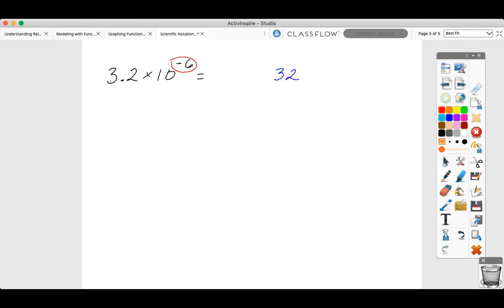Now, our decimal point started off here, but because we're multiplying times 10 to the negative sixth power, we're going to move it so that when we're done moving, we have a number less than 1. It's between 1 and 0. It's very, very small. So let's move it to the left 6 times. Here we go. 1, 2, 3, 4, 5, 6 times.